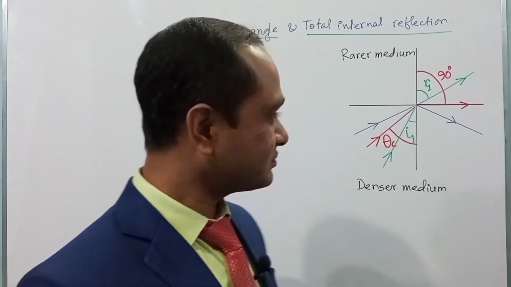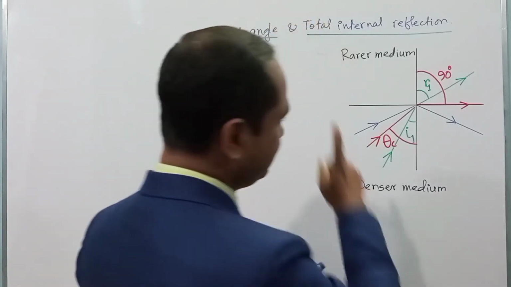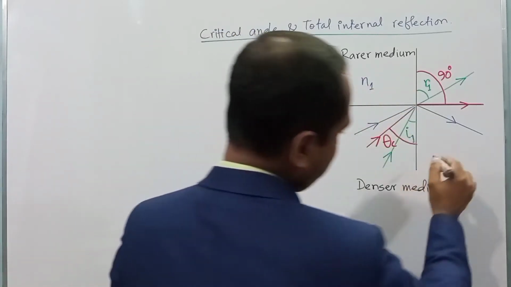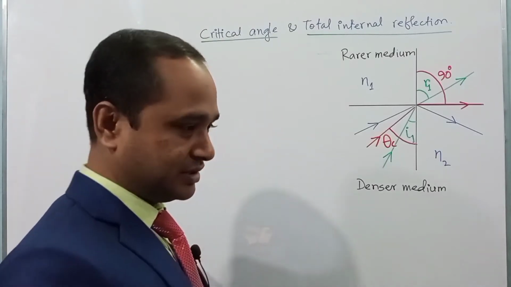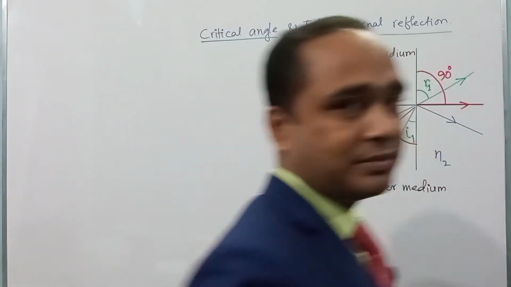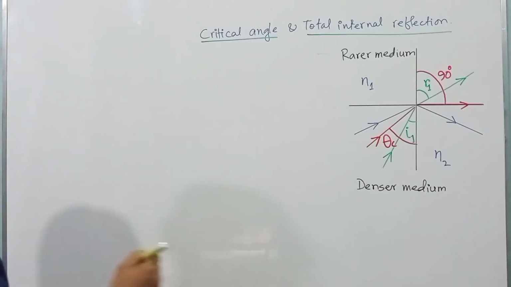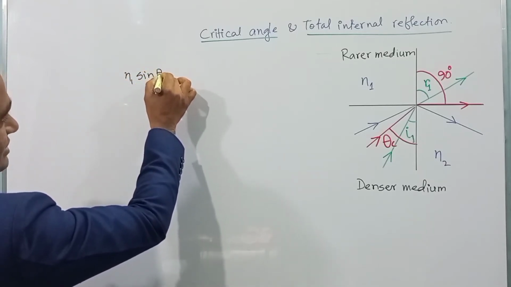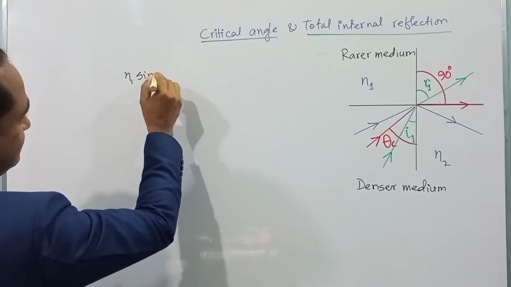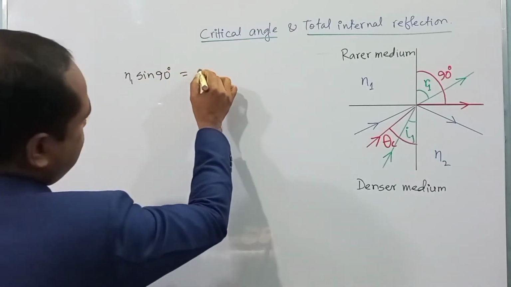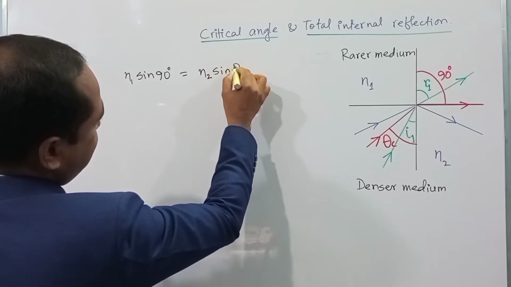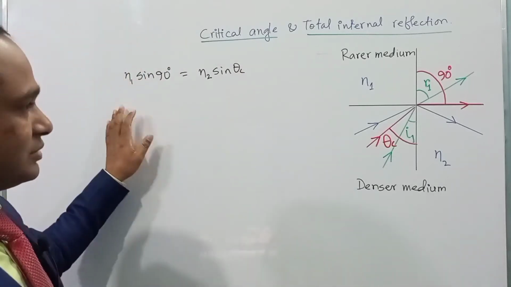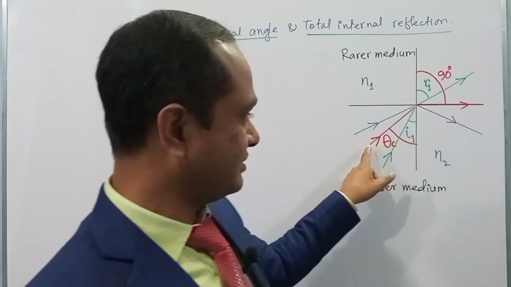Suppose the refractive index of the rarer medium is denoted by eta 1 and that of the denser medium is denoted by eta 2. From the laws of refraction, eta 1 sine 90 degrees equals eta 2 multiplied by sine theta c. In case of the critical angle, the angle of refraction will be 90 degrees for the red light.